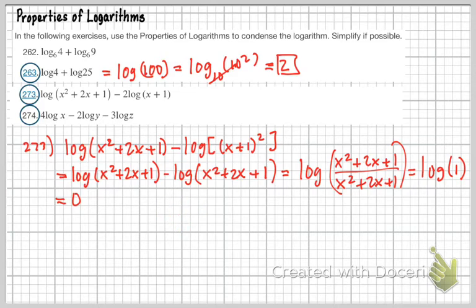So let's take a look at 274 now. Okay, so I'm just going to do all my powers first. So that's going to be log base 10 of x to the 4th minus log base 10 of y squared, minus log base 10 of z cubed.